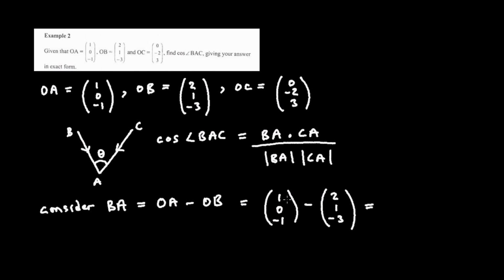This is equal to 1 minus 2 is -1, 0 minus 1 is -1, and -1 minus -3 means -1 plus 3, which is 2. Like this: (-1, -1, 2). Okay, so we now have BA and we want CA.